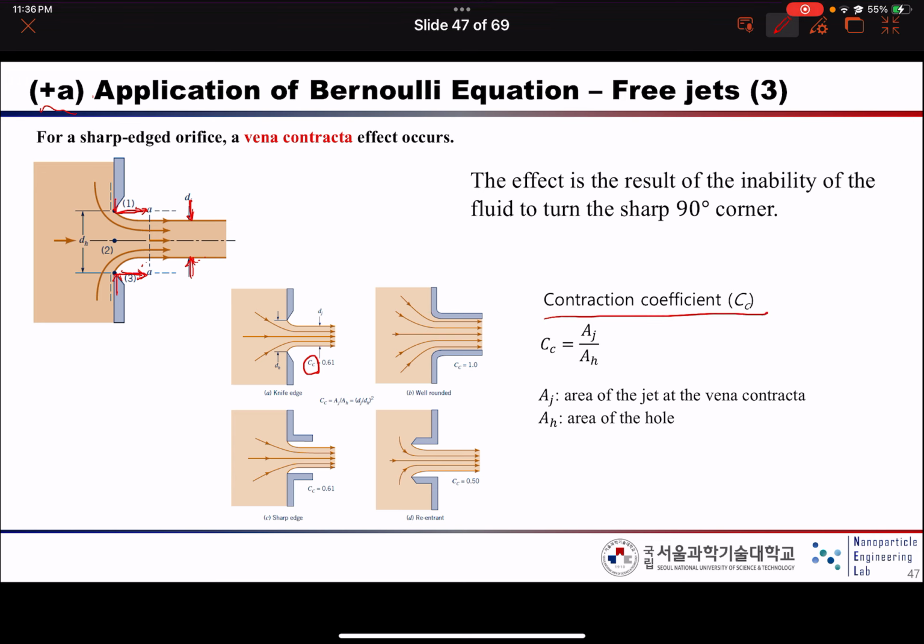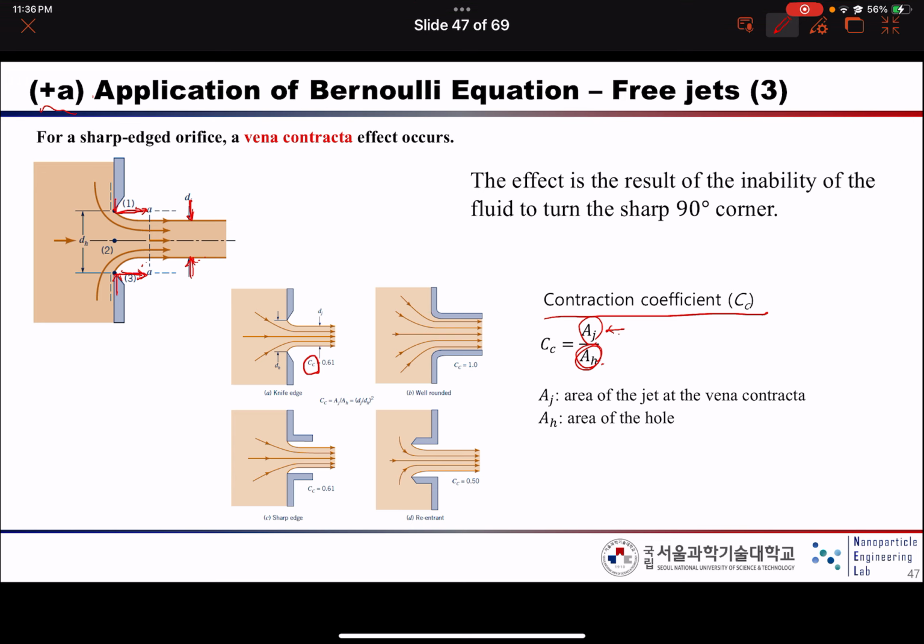Okay, so the contraction coefficient can be written as the area ratio. AJ represents the area of the jet at the Vena contracta, and AH represents the area of the hole.